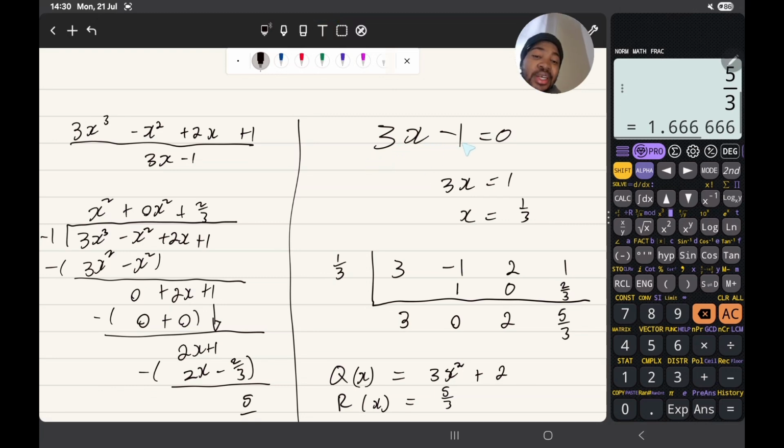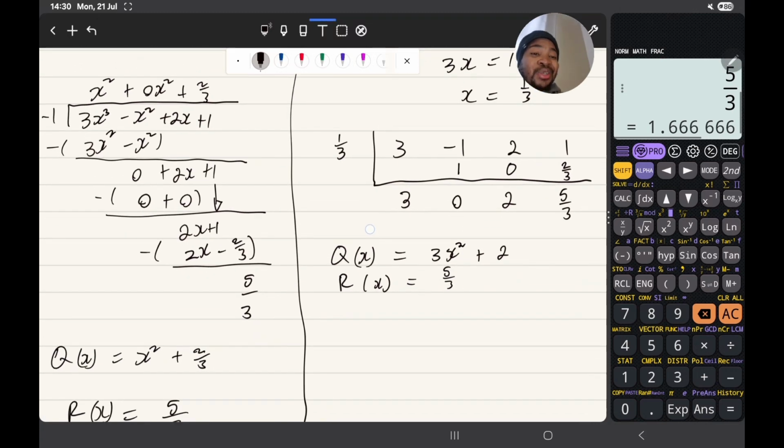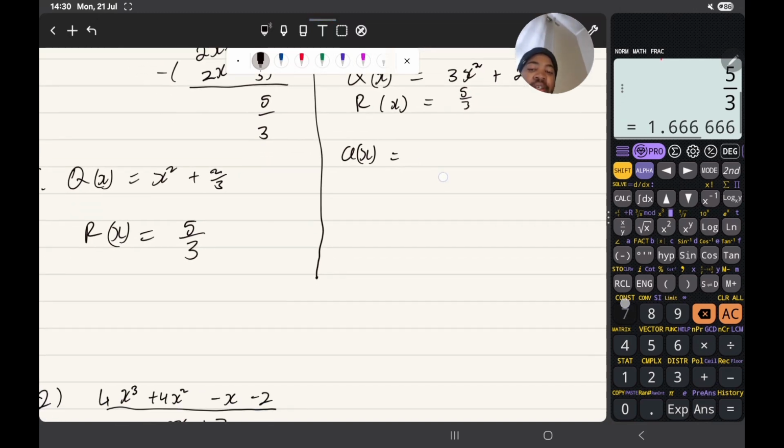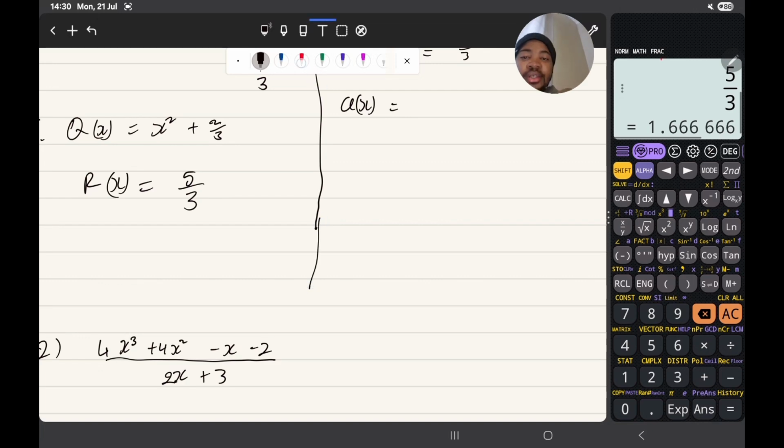So now whenever there is a question like this, where your divisor has a coefficient on the x variable, the general rule is that say b of x equals cx plus d.